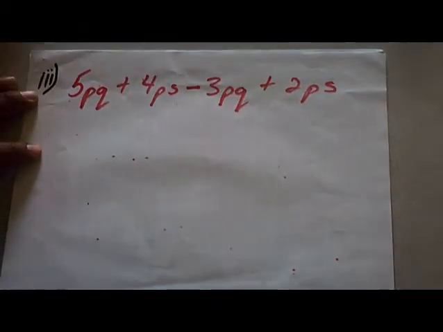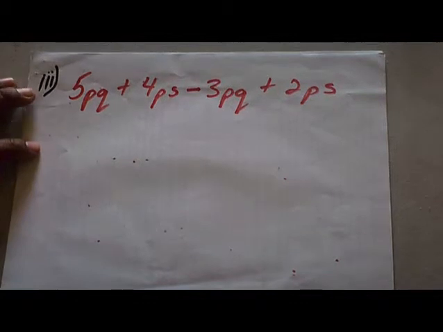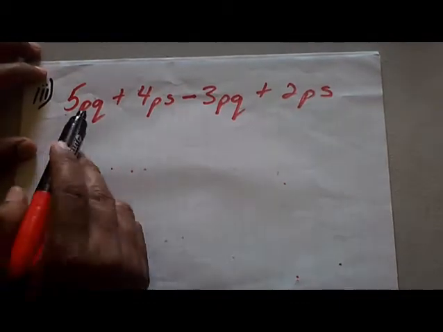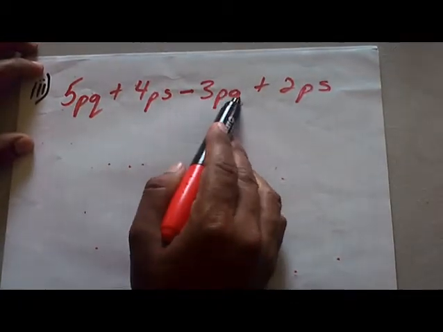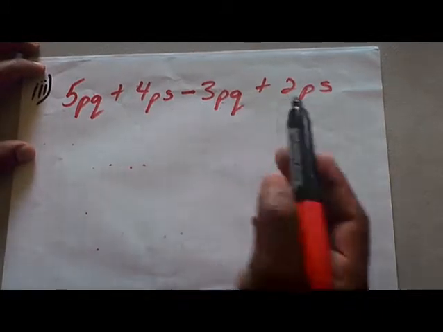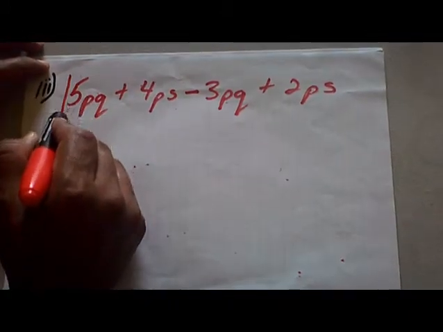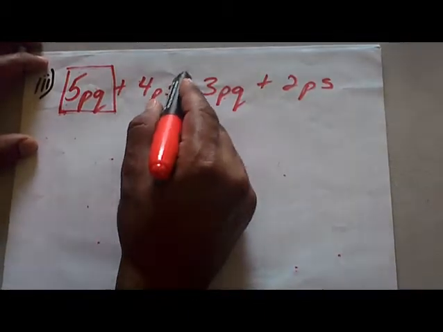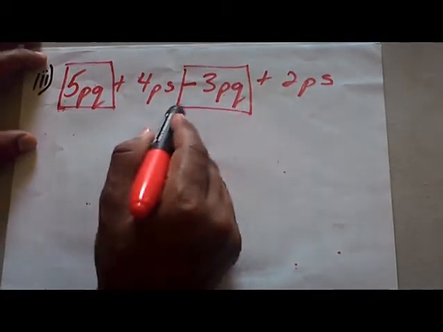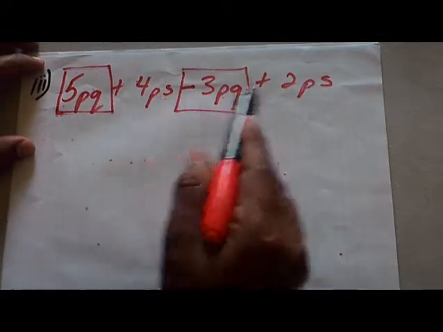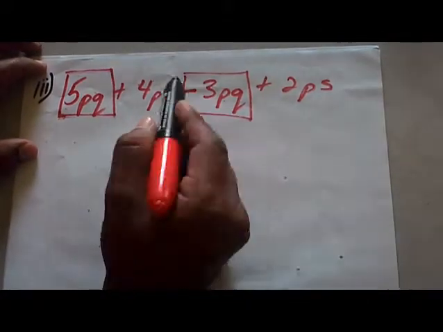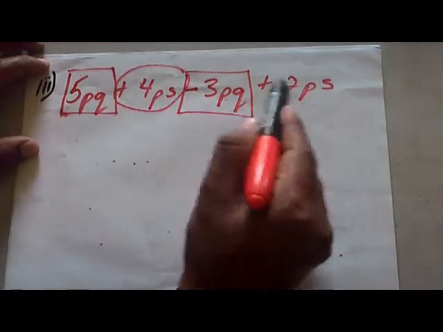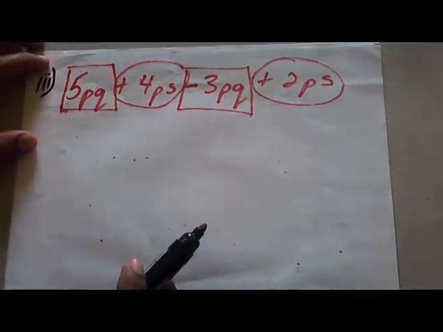Thirdly, first thing we need to do, look at the like terms. We have a PQ and we have a PQ. Let's place a rectangle around these so that we don't forget them. Then we have PS and we have PS. Then we can place a circle around these two so that we know they are like terms.